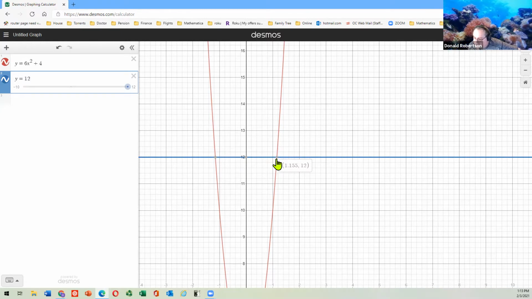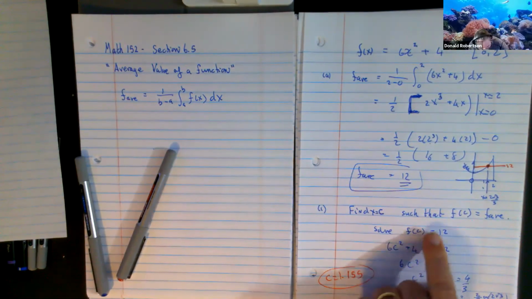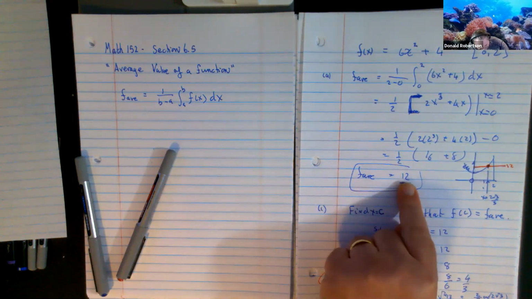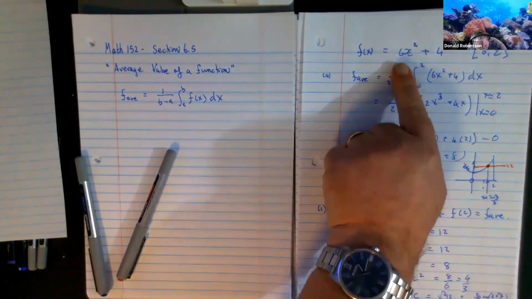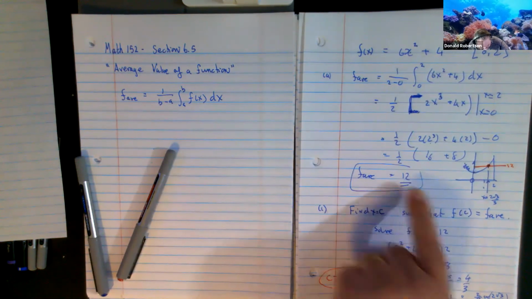Are we okay with that? Right, so if I give you a function and I ask you to get its average value, and then I say, I would like you to find at least one point, and we'll call that point C, that has the same value as the average value. So we want some x value where you get 12 as the answer.